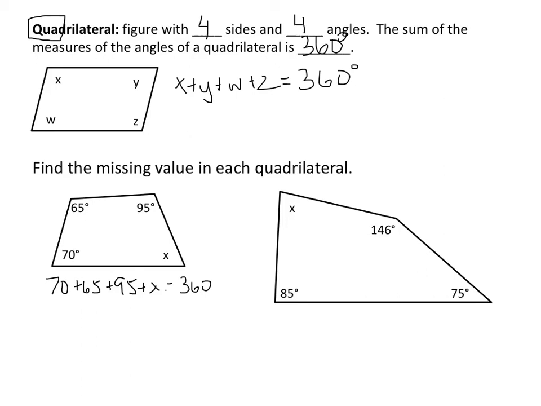So I would combine 70, 65, and 95 to give us a total of 230 plus a number equals 360, which is the same thing as saying 360 minus 230 is equal to x. So if we do that, we get a value of 130 degrees equals x.